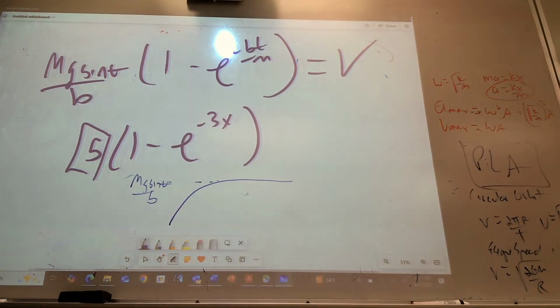So let's look at E. It says, on the axis below, sketch a graph of the acceleration a of the skier as a function of time and indicate the initial value of a. Take downhill as positive. You've got to take the derivative of this. Okay? You're going to have to know how to take the derivative on the test.